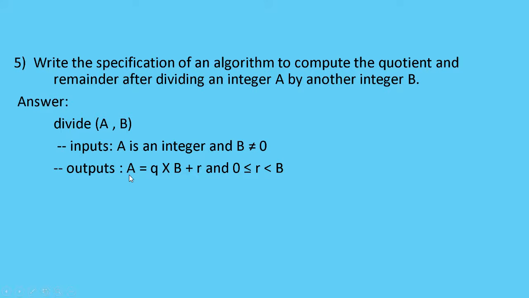Okay? Next output is the input output relation. a equal to q times b plus r. Q represents quotient, r represents the remainder. Quotient and divisor multiplied, and when we add the remainder, we will get the first number. That is why we have to write this property, and the remainder should be definitely less than b, and it can be equal to 0.